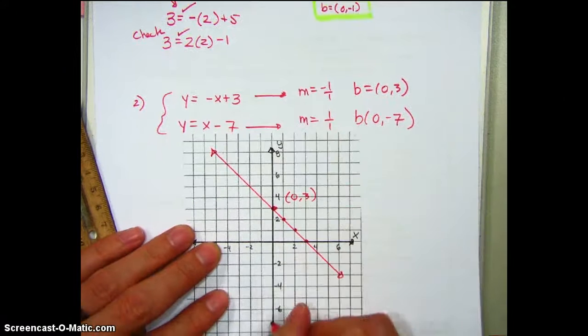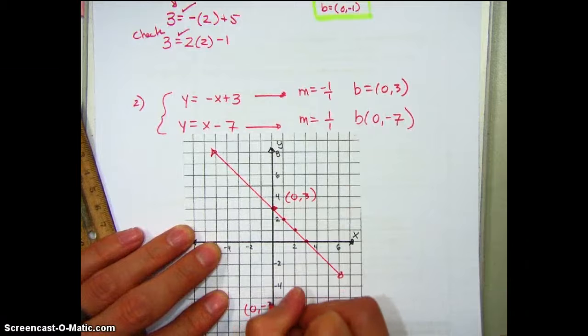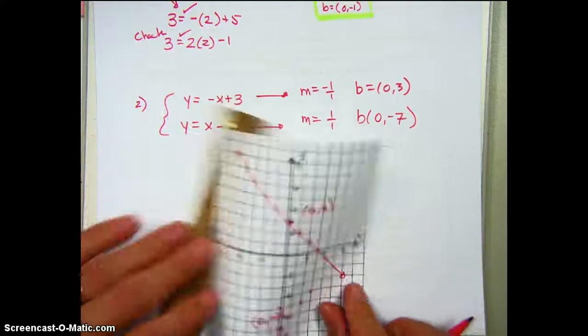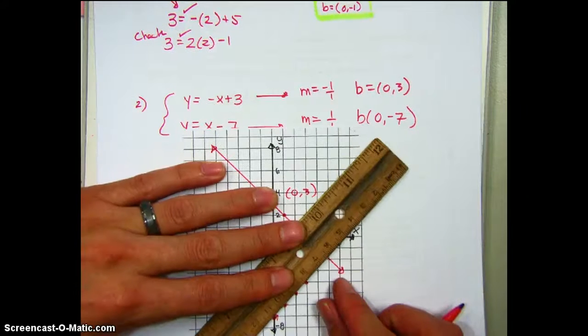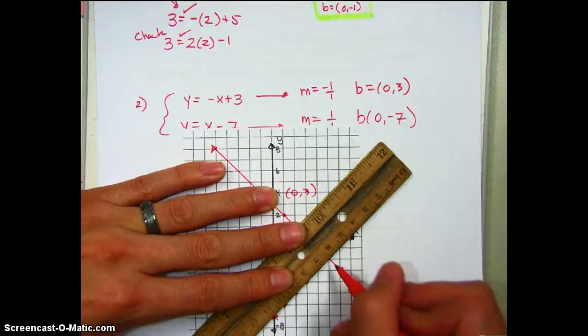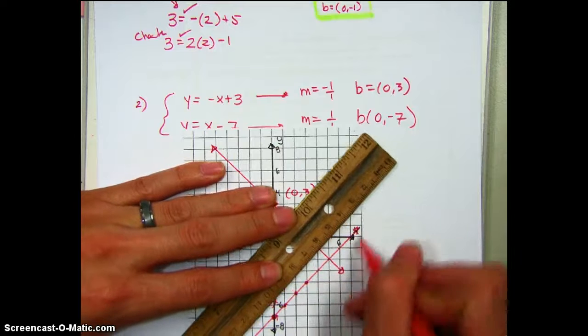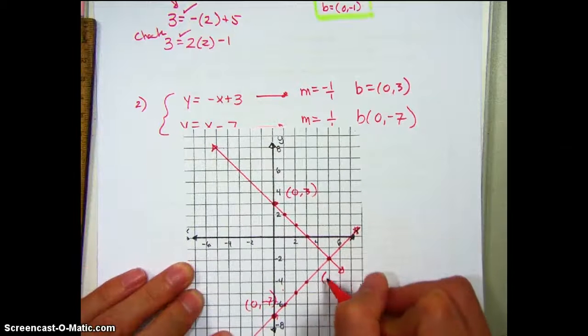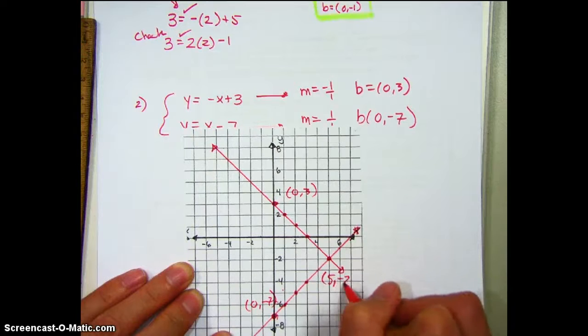So I go down to 0, negative 7, and I go up 1 over 1, up 1 over 1, up 1 over 1. It continues on. I'm going to draw a little line through those points. Now I can see exactly where it intersects. It intersects at the point 5, negative 2.